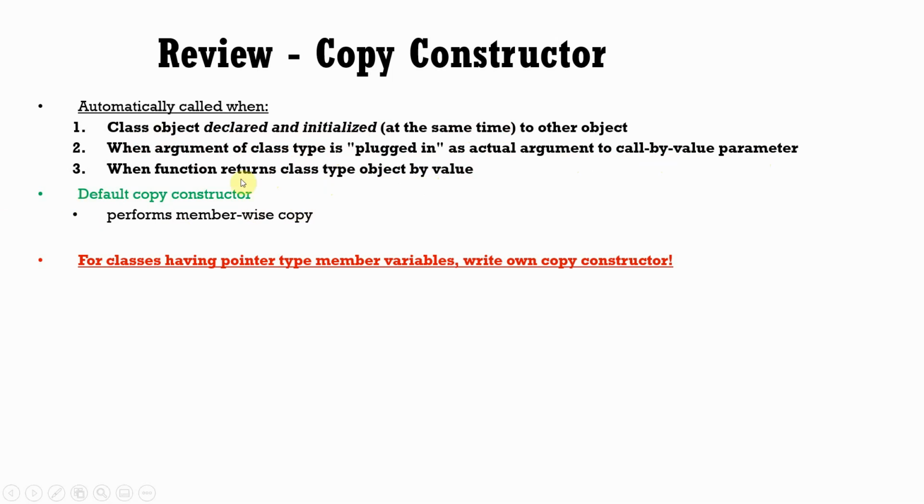The default copy constructor, the one that the compiler generates for us, performs only a member-wise copy. We call this a shallow copy, and we'll see what that means. For classes that have pointer type member variables, we need to write our own copy constructor because we need a deep copy instead of a shallow copy.